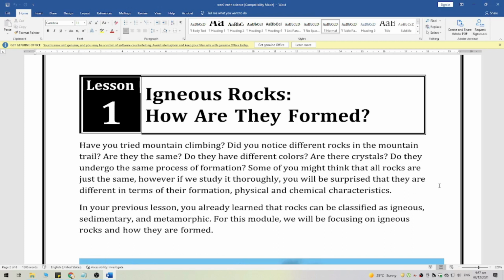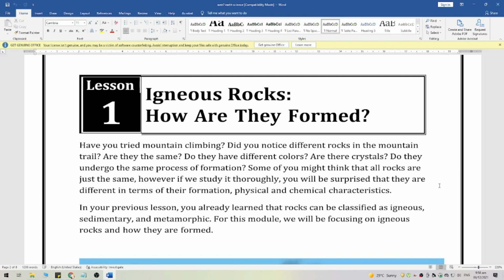Some of you might think that all rocks are just the same. However, if you study it thoroughly, you will be surprised that they are actually different in terms of their formation, physical, and chemical characteristics.